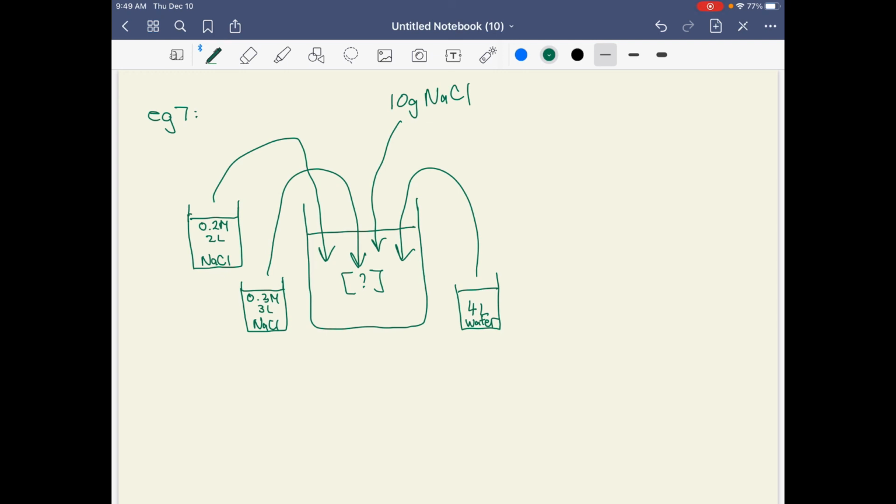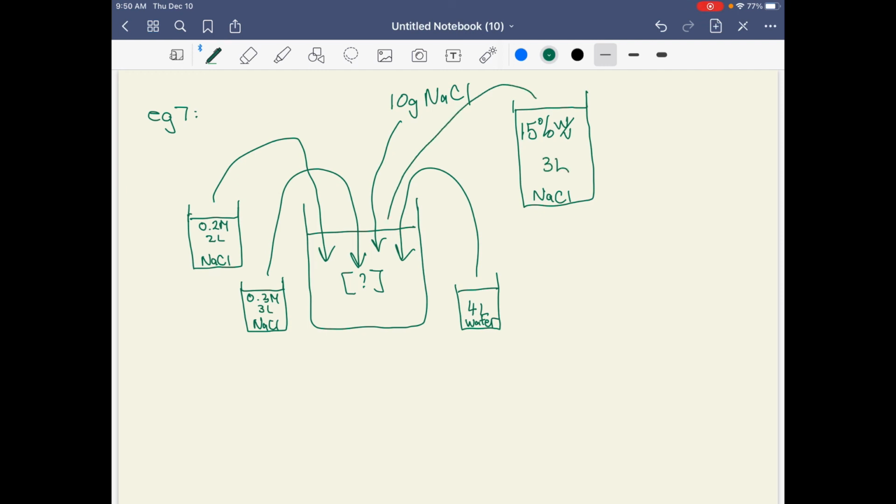I'm not done. Do you remember this? I hope you remember that. 15% W/V. Because remember, sometimes concentration doesn't always have to be in molarity. Sometimes people still use this percentage. So 15% W/V at 3 liters.